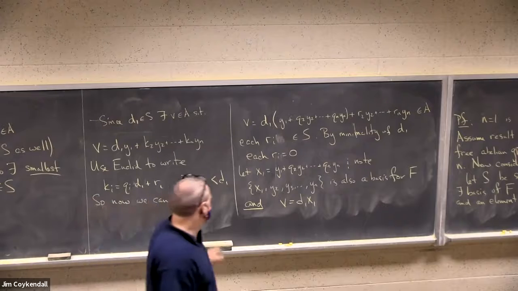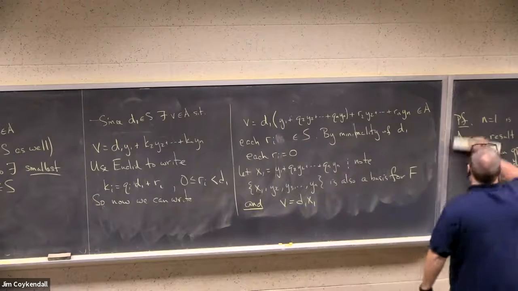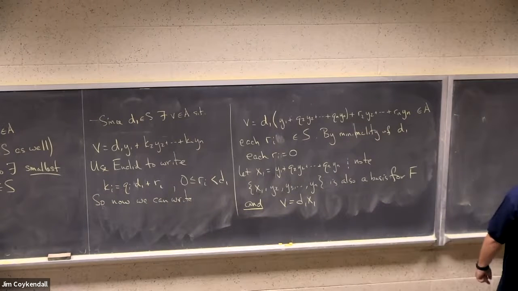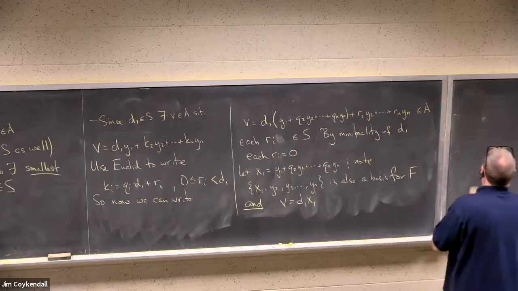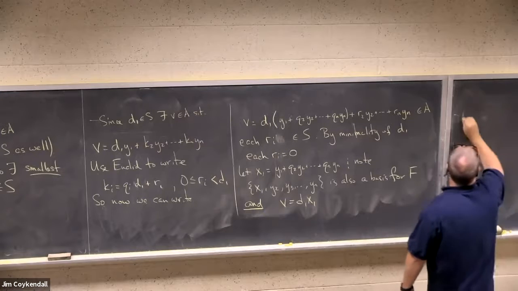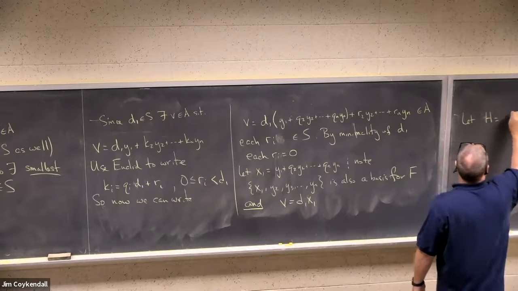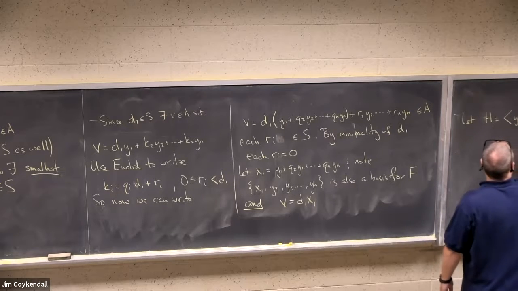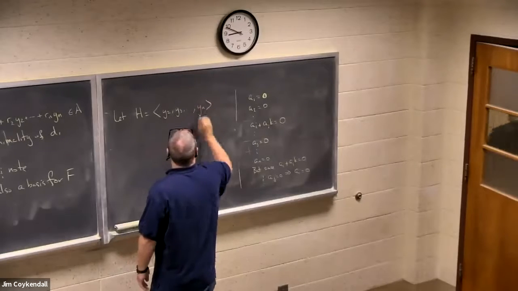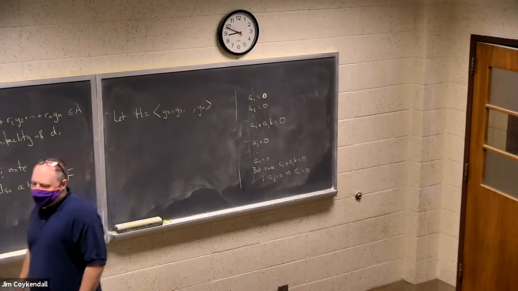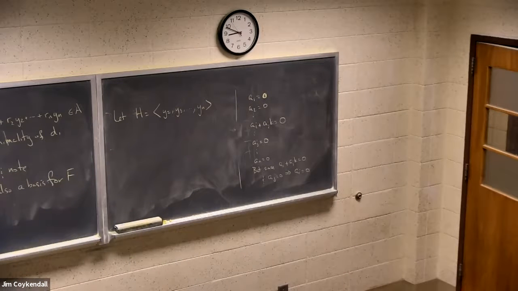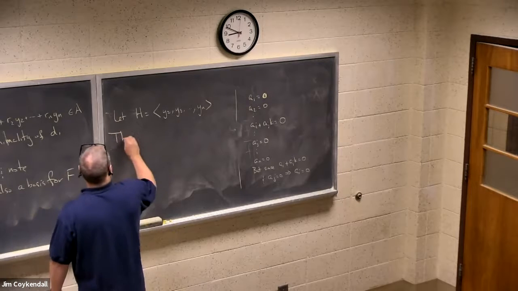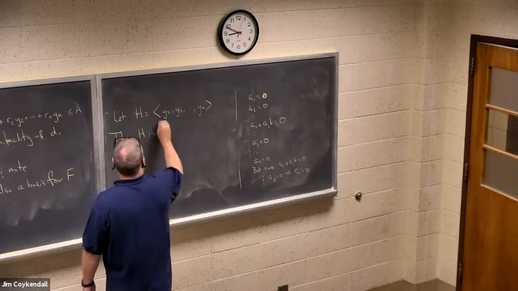Now, let H be the group generated by Y2 through Yn. Then H is free abelian.